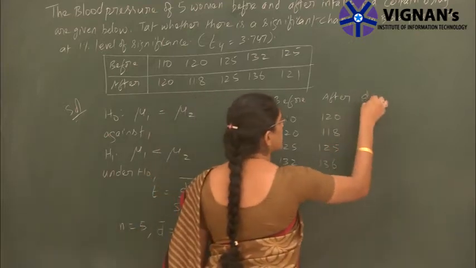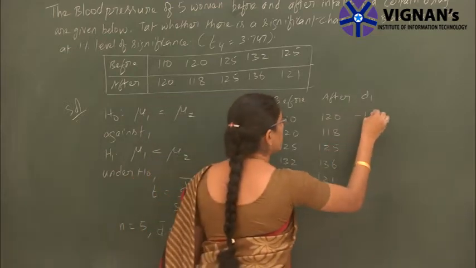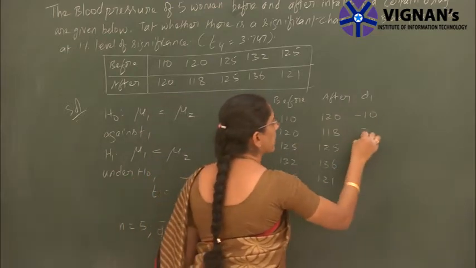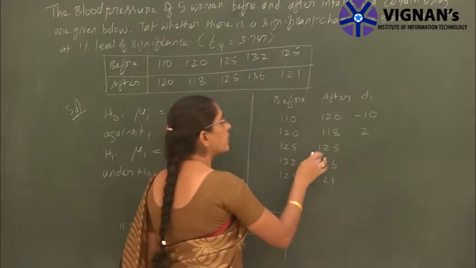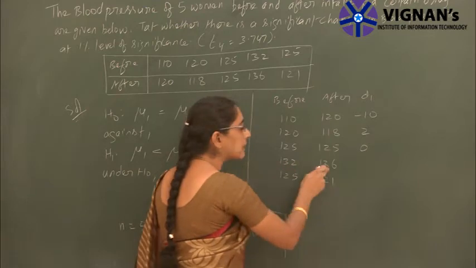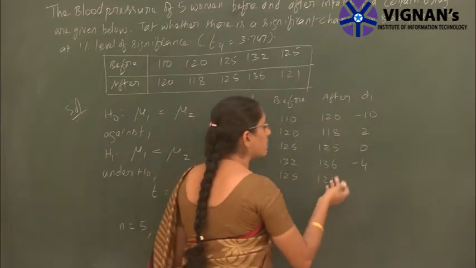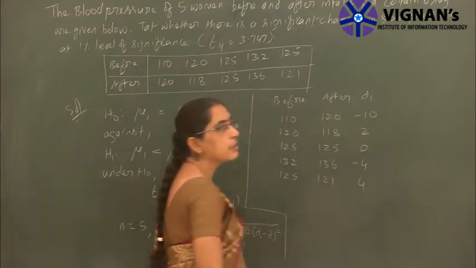Now the difference is 110 minus 120 is minus 10, 120 minus 118 is 2, 125 minus 125 is 0, there is no difference, 132 minus 136 is minus 4 and 125 minus 121 is plus 4.